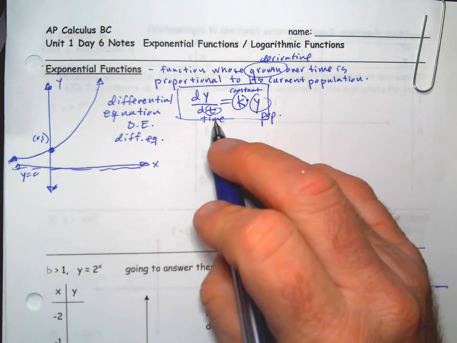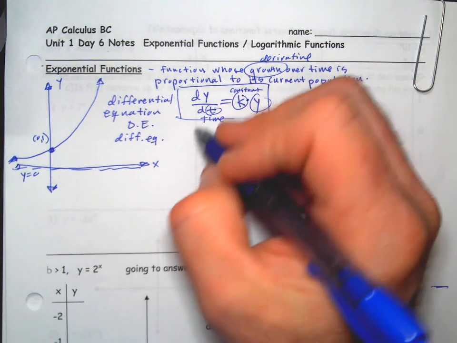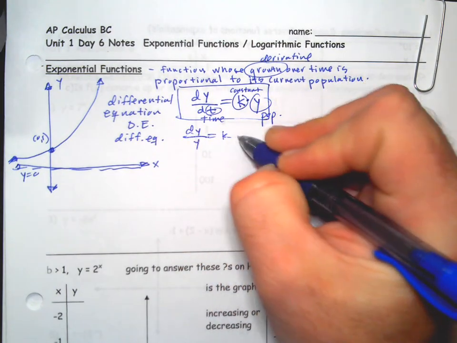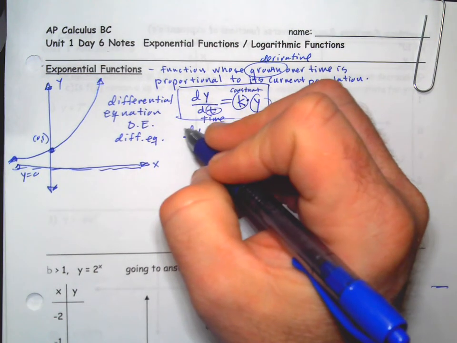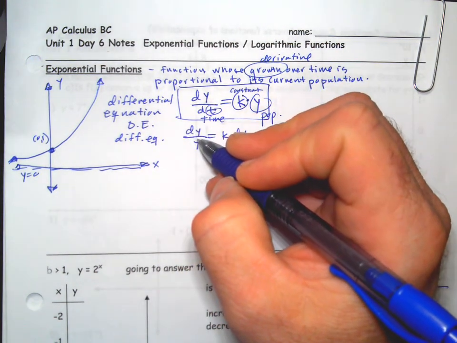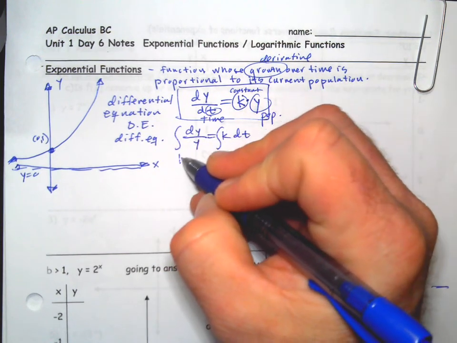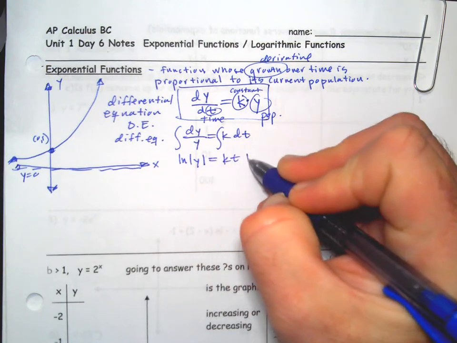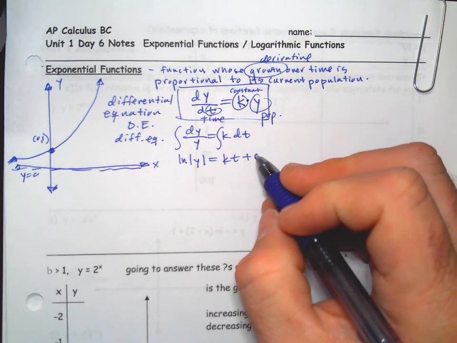And last year we learned in Calc AB how to solve differential equations. We have to separate the variables by multiplication and division to get things from one side to the other. Integrate both sides. Natural log of the absolute value of y equals kt plus c. We could find the c value.